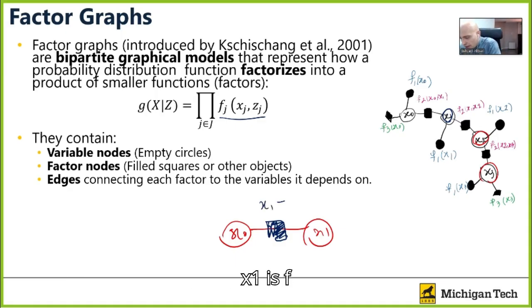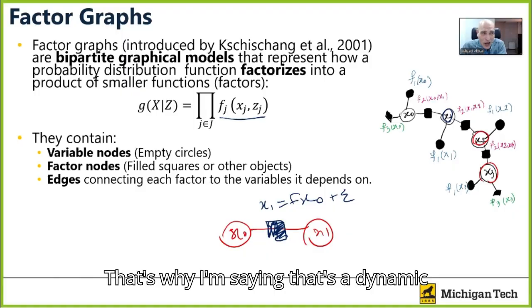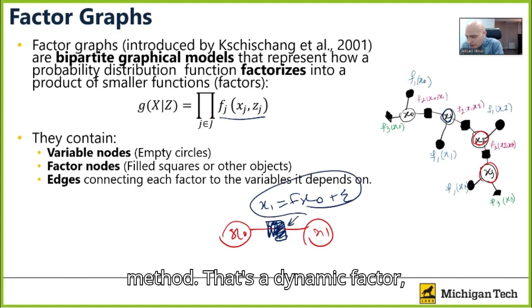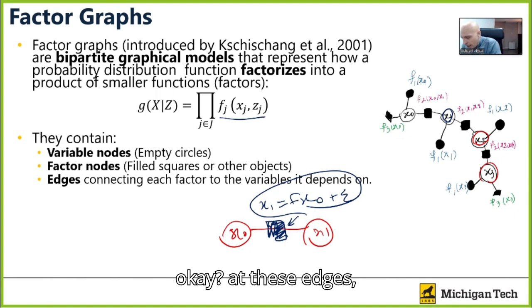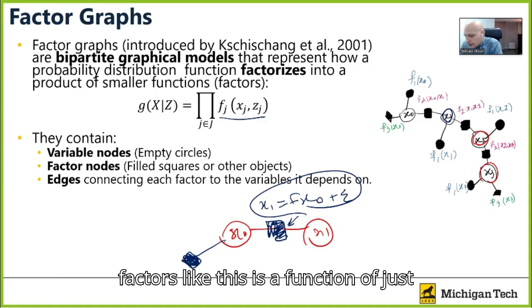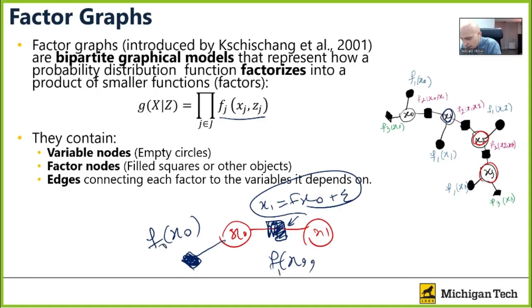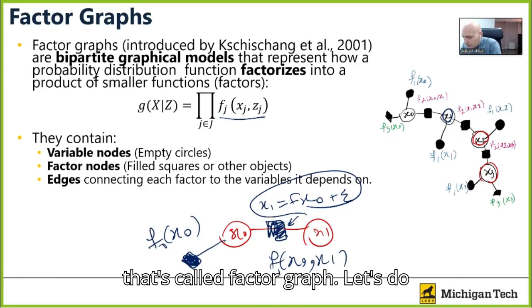Like, can we say x1 is f of x0, for example, plus something? That's why I'm saying that's a dynamic factor. Some factors are unary factors. Unary factors are a function of just x0. This one is a function of x0 and x1, for example. Okay, so that's called a factor graph.